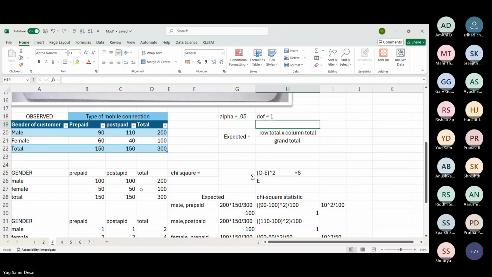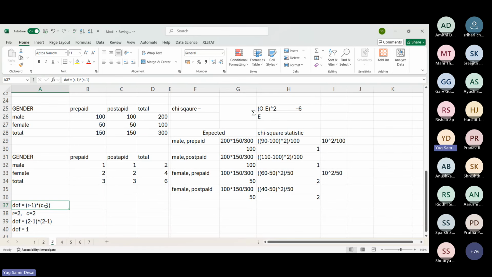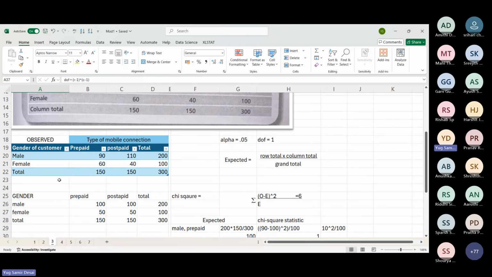Yeah. See, firstly, we have a formula directly for it. There are 3 formulas for degrees of freedom. In this case, we use r minus 1 into c minus 1. Why? Because none of our parameters like the gender or the mobile connection plan are continuous. We do not have a range for any of those.